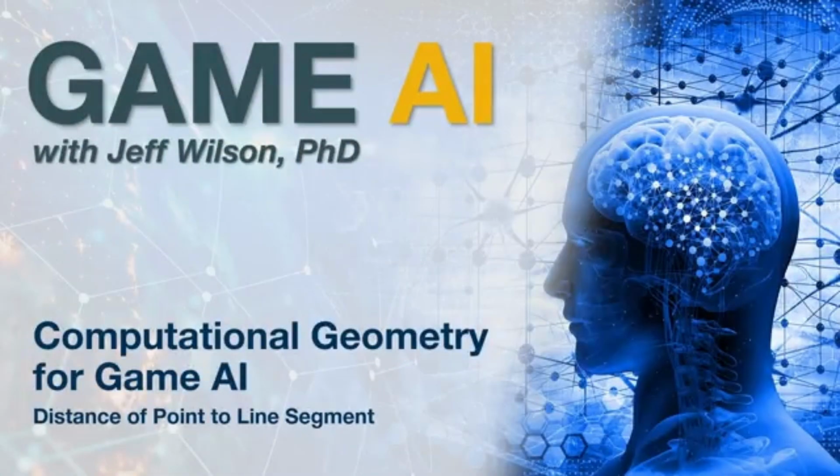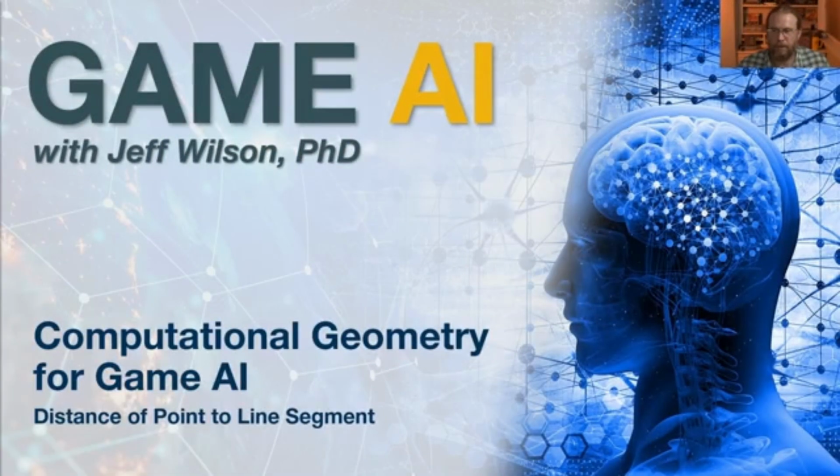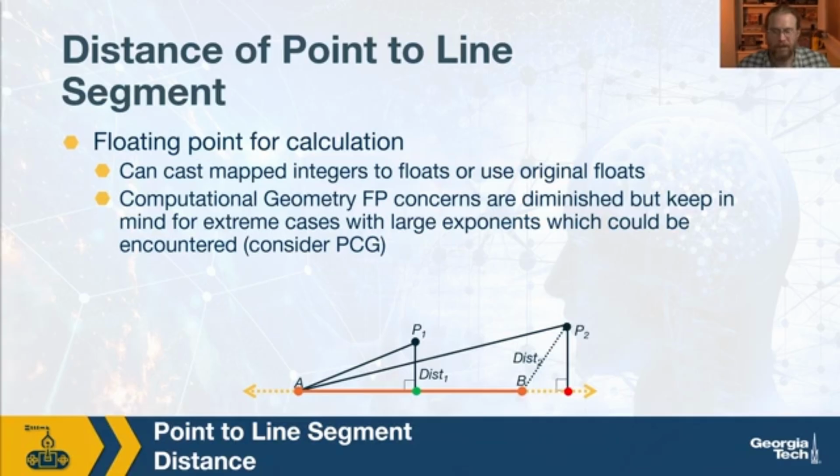Hello. In this lecture, we're going to look at how to calculate the distance between a point and a line segment. This will be useful, especially with path networks, for determining if there is anything too close to an edge between nodes.